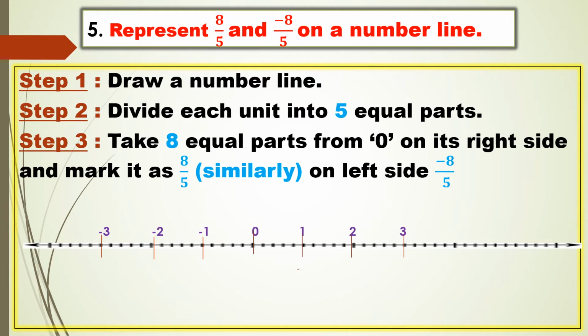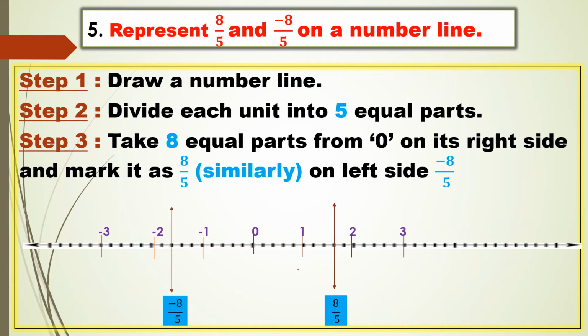Now count 8 equal parts from 0 on its right side. So 1, 2, 3, 4, 5, 6, 7, 8. So here will be your 8th part. So it is your 8 by 5. Similarly, count 8 parts from the left side of 0 and denote minus 8 by 5.